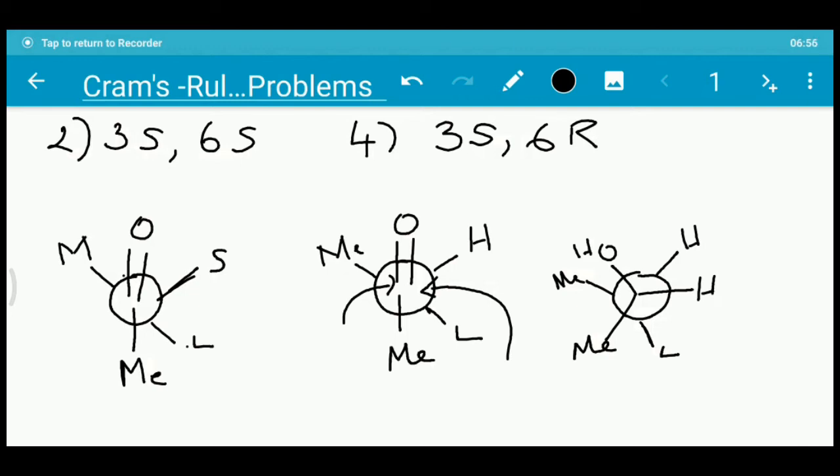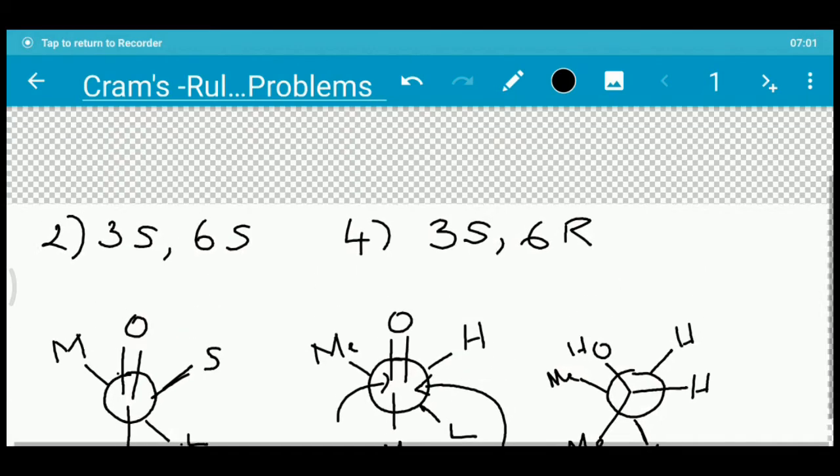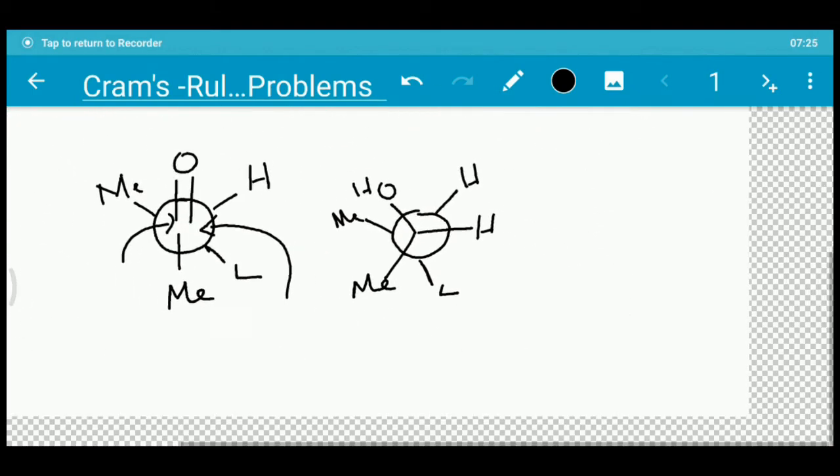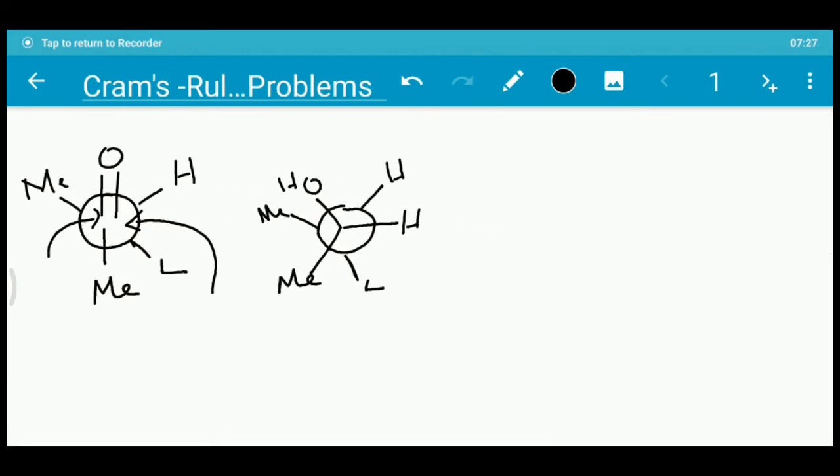Now if we look into the product, you can see that your methyl group and large group are trans to each other.